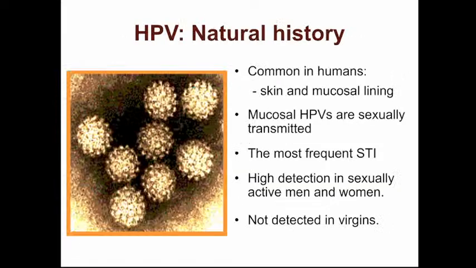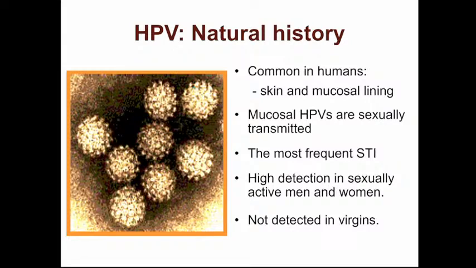So let's look briefly at the natural history of HPV infection. HPV infection is, they say, as common as a common cold. So it's one of the commonest viral infections in humans. They are found ubiquitously in the skin and mucosal lining, and the mucosal HPVs are sexually transmitted.